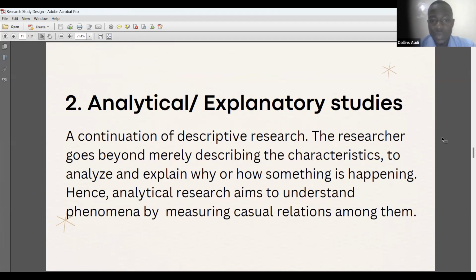This is a continuation of descriptive research. The researcher goes beyond merely describing these characteristics to analyze and explain why or how something is happening. Hence, analytical research aims to understand phenomena by measuring causal relation among them. So it tries to measure the relationship between various variables.